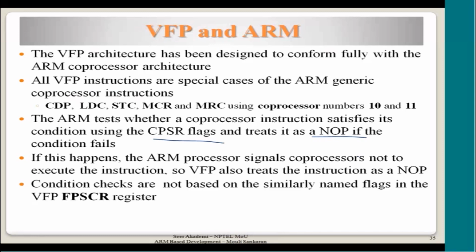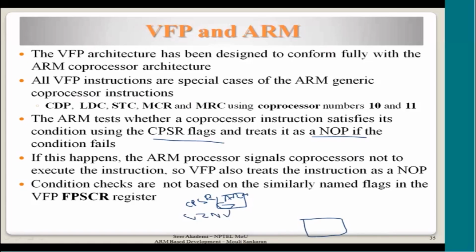One more important thing, which I mentioned in the coprocessor class: conditional execution is handled by the CPSR values in the ARM processor, that is the NZCV flags.